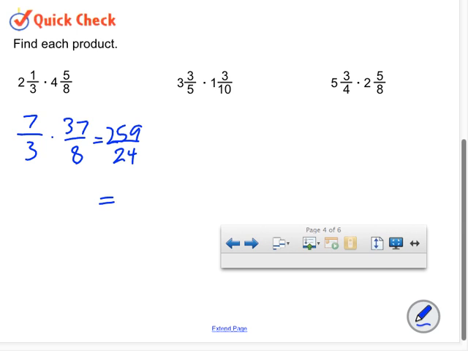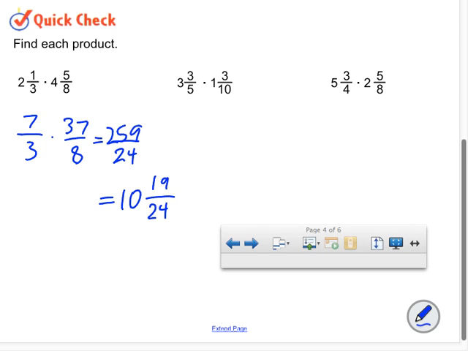Please stop. It's not 9. Leftover is going to be 19, right? Because 240 from 259. Are we good? Okay, who had the middle one?